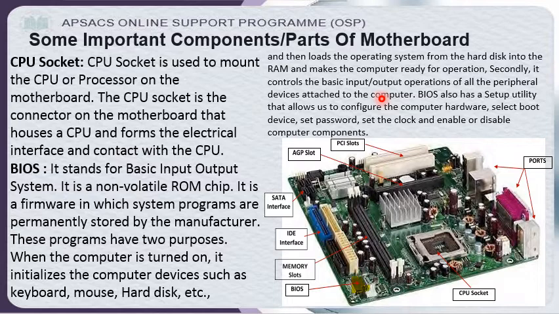BIOS has one more functionality, that you can configure things inside it. What are the things which you can configure? Set date and time. You can set the date and time of your computer. You can set a password on BIOS. You can also select or deselect or disable the devices from the BIOS.